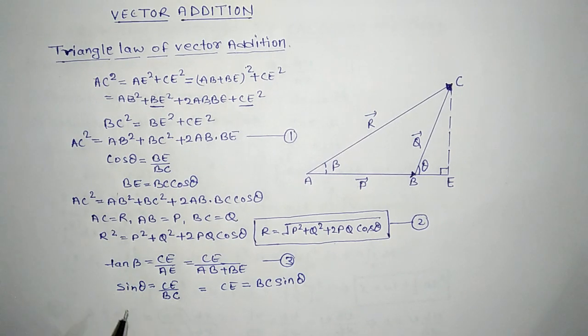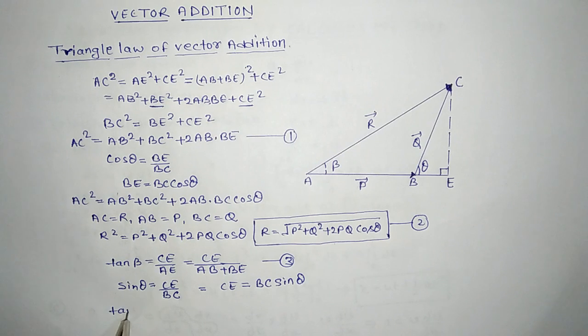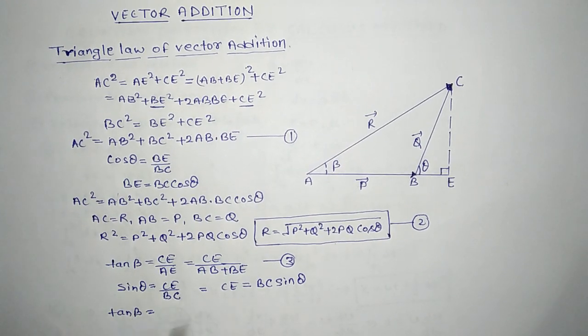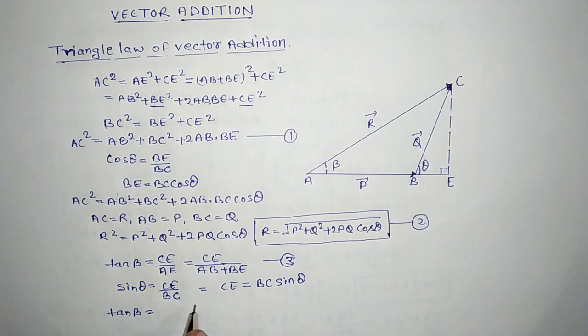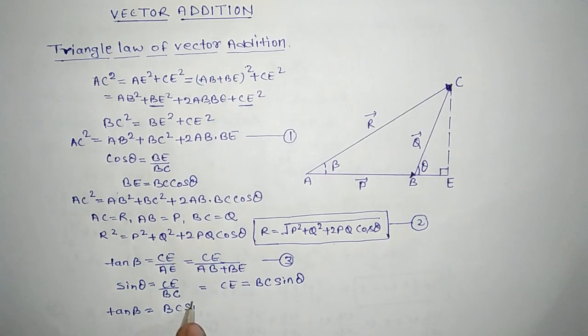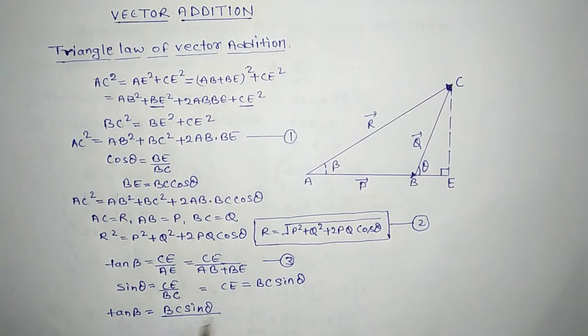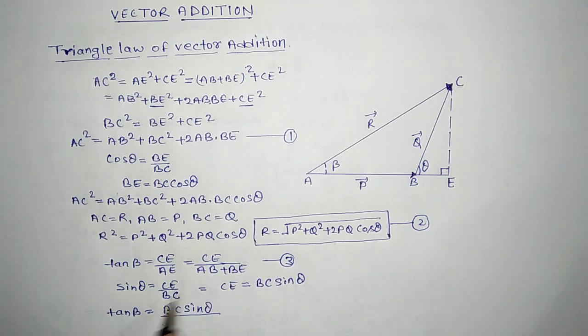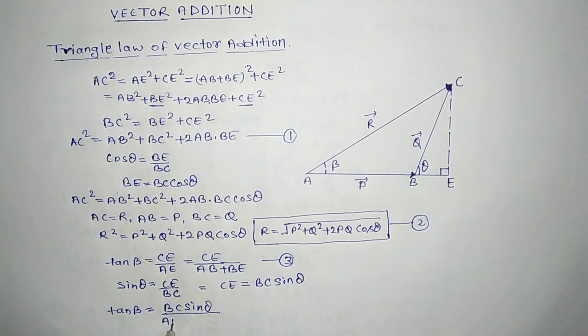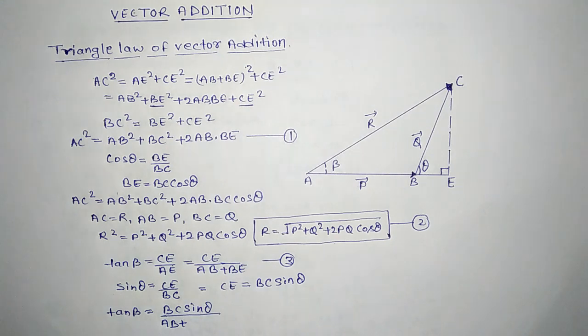Now putting the values here, we will get tan beta is equal to CE, that is BC sin theta, upon the value of AB as it is, and the value of BE is BC cos theta.